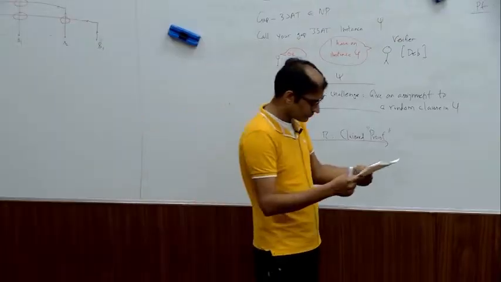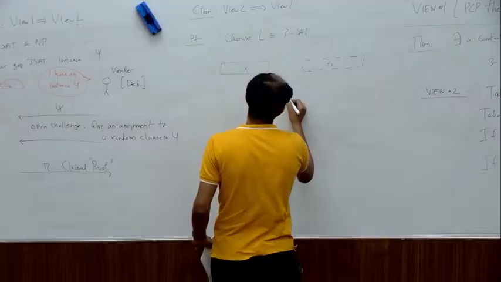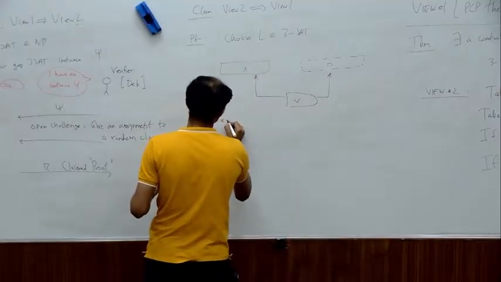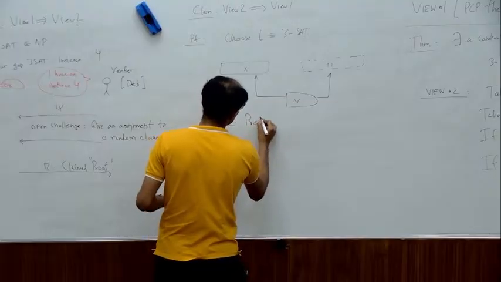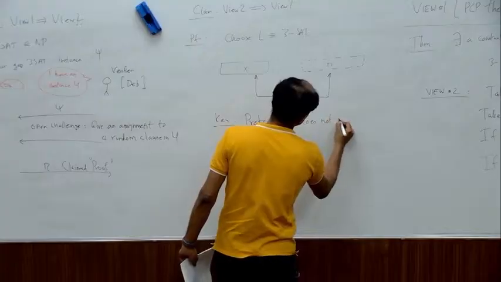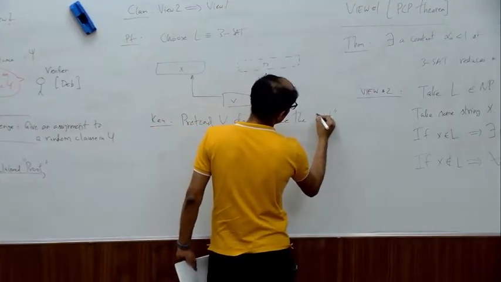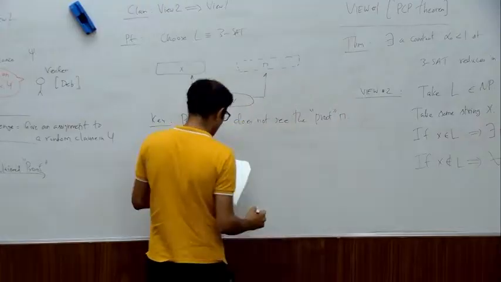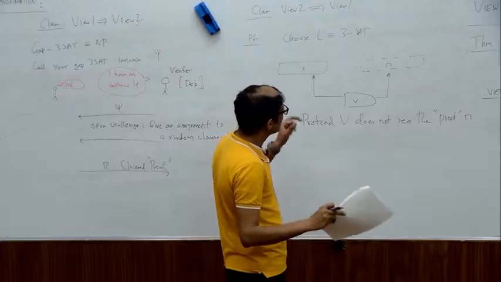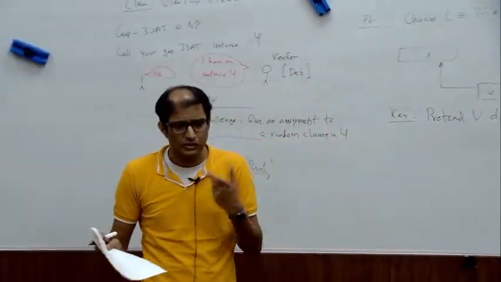Okay. So here is my verifier V, and as I said, the key idea is to pretend that the verifier does not see the fake proof. We would like to have the verifier come up, in a somewhat imprecise sense, with the proof pi on his own.